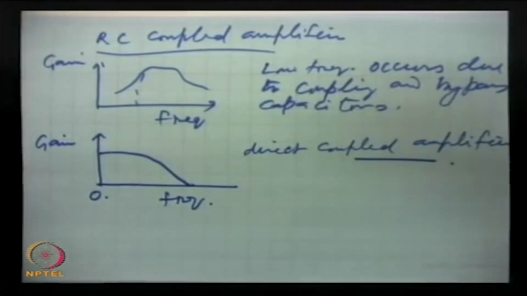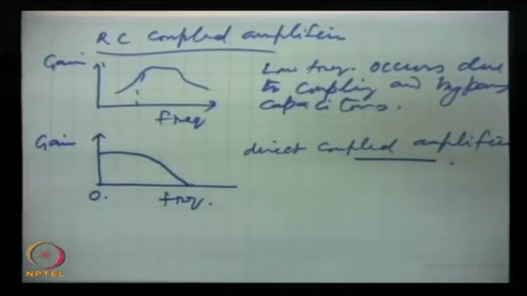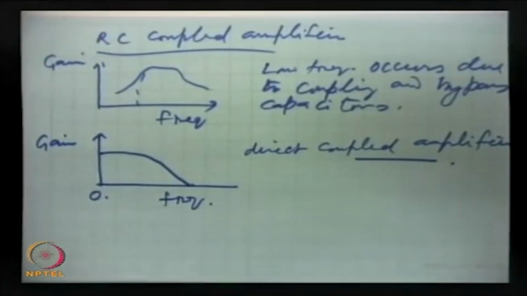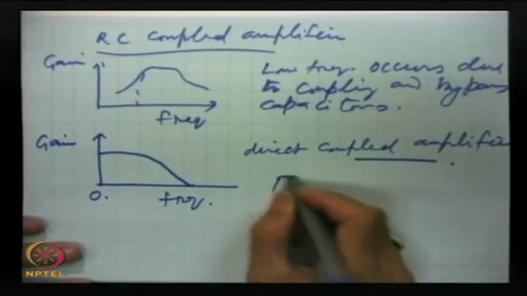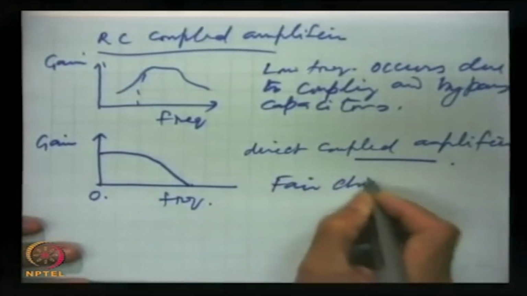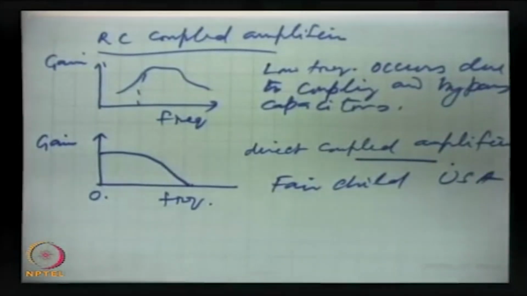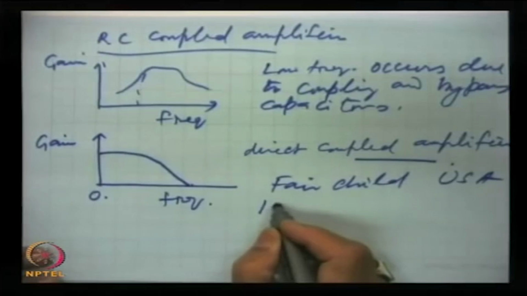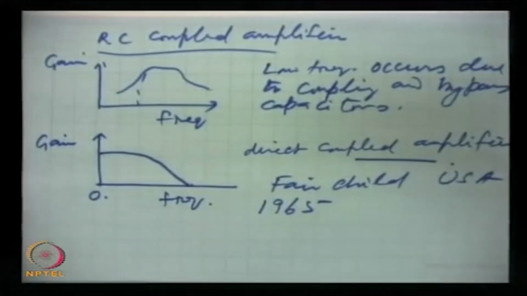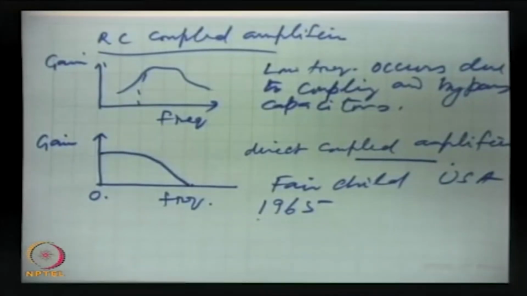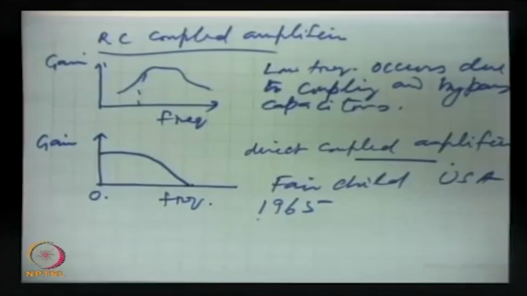Operational amplifiers: just to give in a few lines the history of the development. Fairchild, a semiconductor company in the USA, brought out the first operational amplifier in 1965, but it had certain drawbacks.